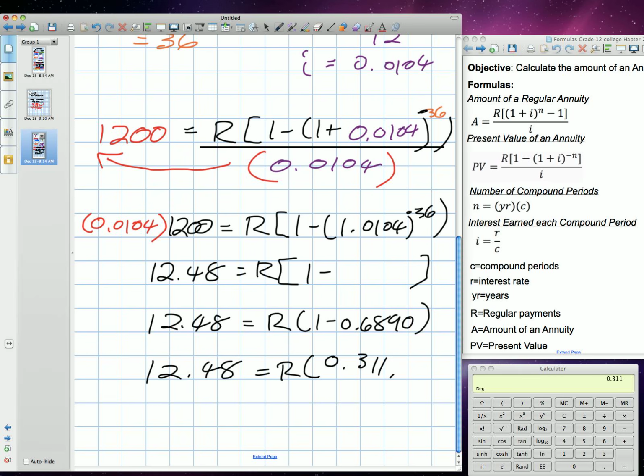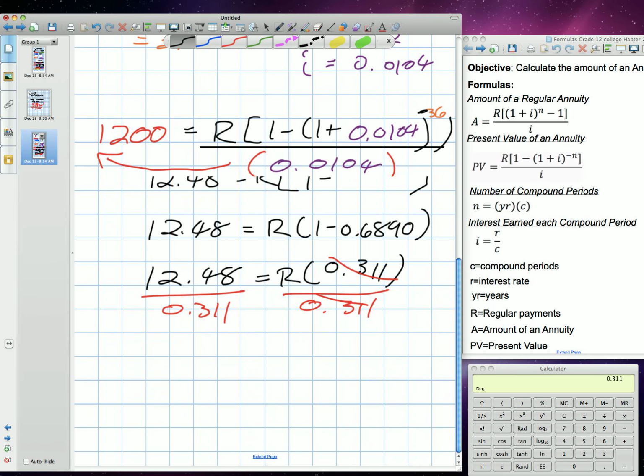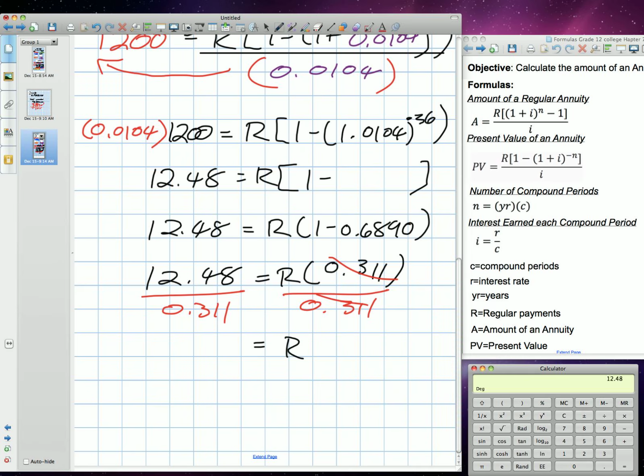And finally, I need to isolate for R. So in order to isolate for R, we need to divide by our 0.311. On this side, they cancel out. 12.48 divided by 0.311 gives us, what is it? 40.12.